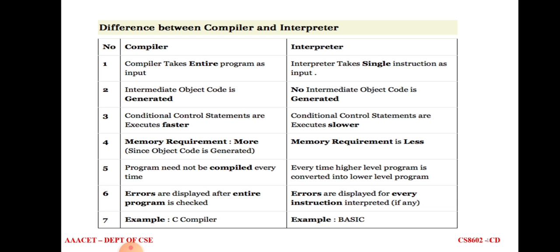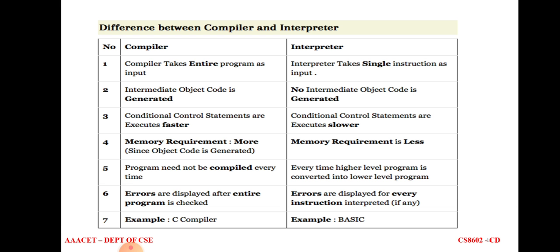A compiler has to compile the program every time, but in an interpreter the high level language is converted into low level language. For a compiler, errors are displayed after the entire program is compiled or checked, but for an interpreter, errors are displayed as every instruction is executed or interpreted.